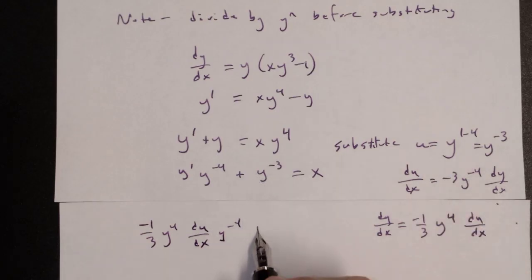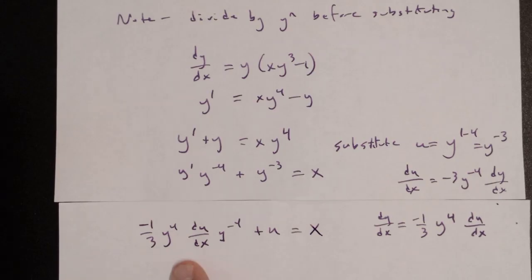Y to the negative 3, that's U. What happens with all of this mosh over here?